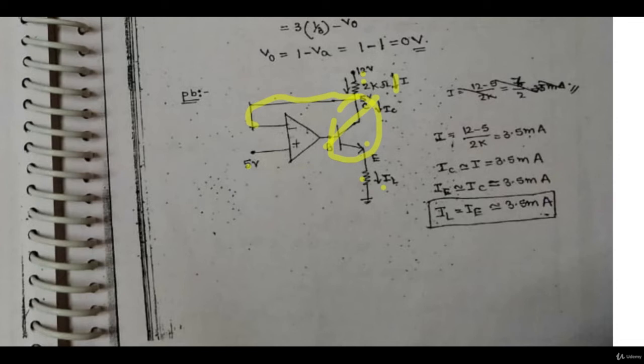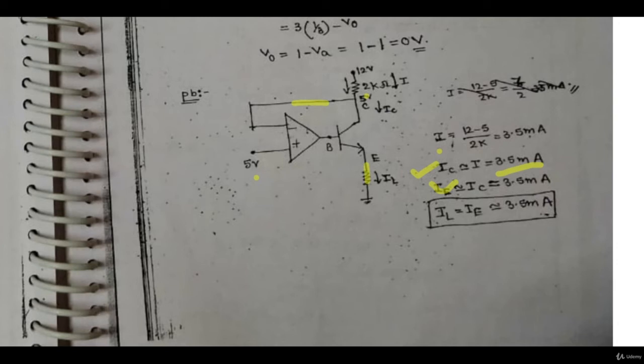So I will be equal to 12 minus 5 divided by 2k. Why? Because the virtual ground concept will be applied here. So this node is 5 volt, this will also be 5 volt. You can see, so I will be 3.5 milliampere. I will be approximately equal to IC, 3.5 milliampere, because the op-amp will not draw any current, and IE will be approximately equal to IC.